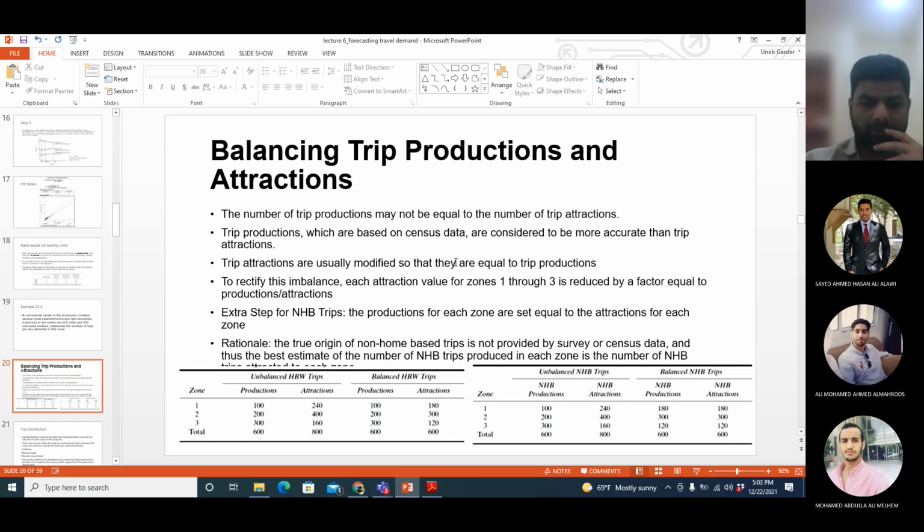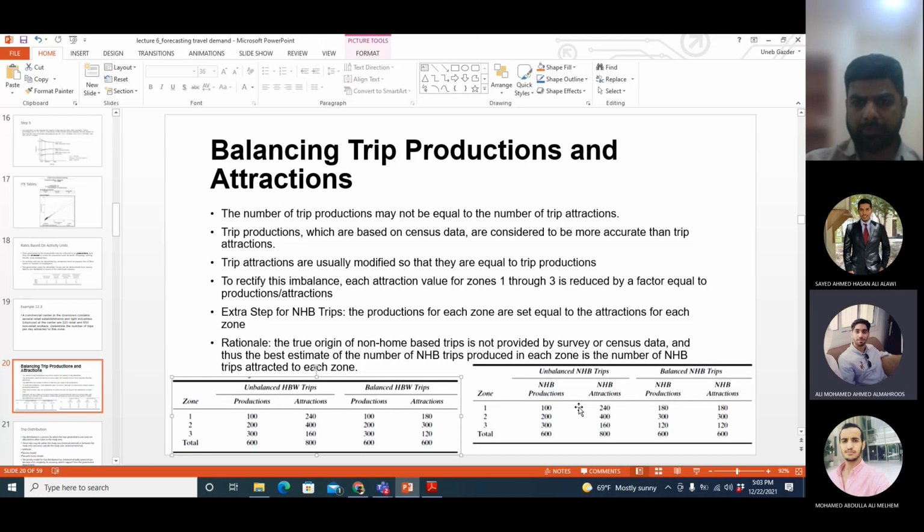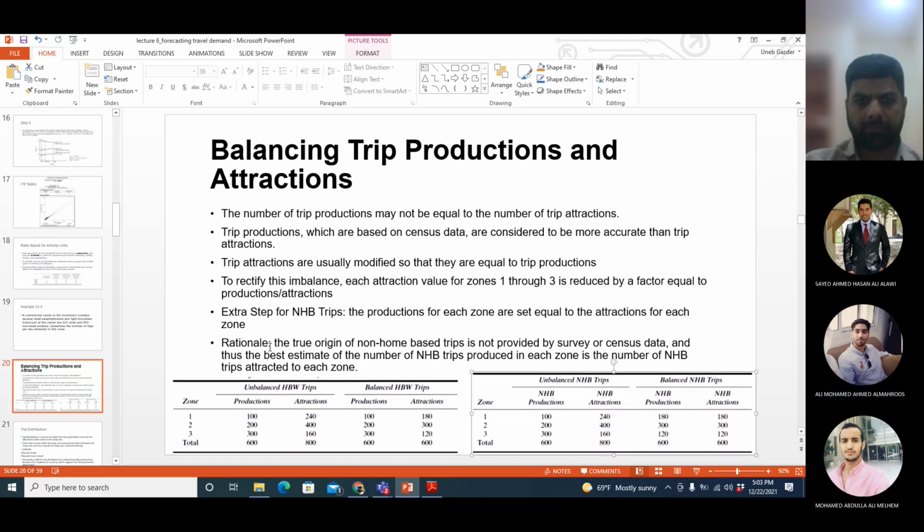So usually the trips which are produced are considered to be safer, more accurate. So for example, you have two estimates.